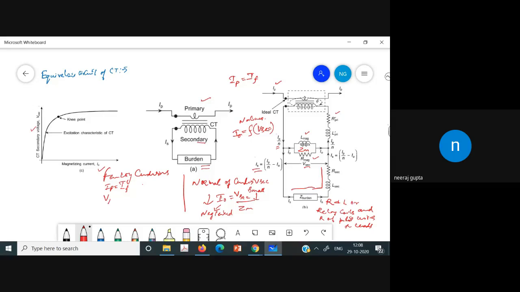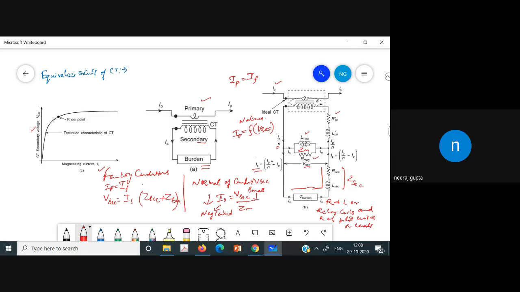So V secondary equals I secondary times Z secondary plus Z burden, let it be ZB. If the primary current is large, then definitely the secondary current would be large. And if the secondary current is large, the V secondary is appreciable.